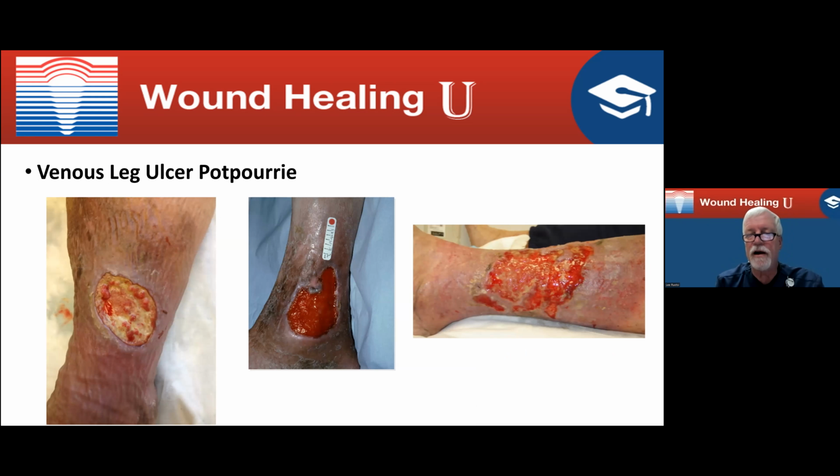The picture on the far right is a little bit contrary to that, but typically they'll have well-defined borders. That picture you see on the left shows that yellow fibrinous material in the wound bed. Of course, we want to debride that out of there in order to get to a granular wound bed that we can get closed.